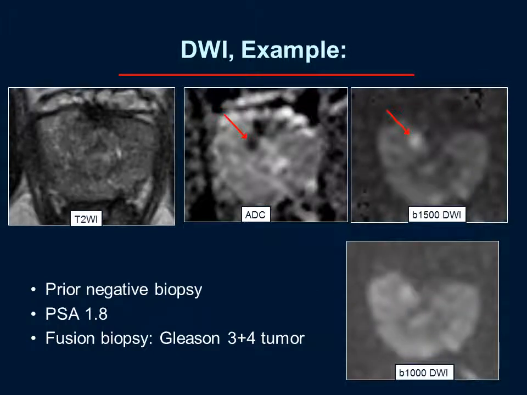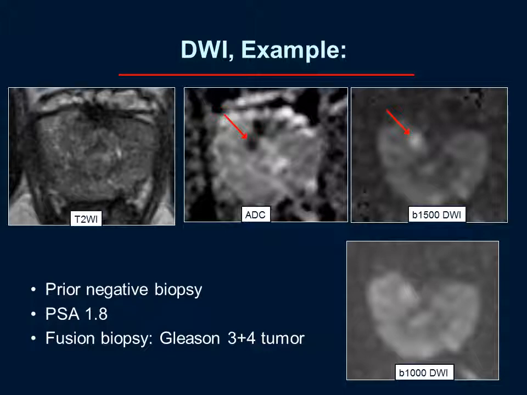So now, just to show several examples of how diffusion-weighted imaging can really help in localizing dominant lesions. This was a patient with a prior negative biopsy. The PSA wasn't even all that high, in this case 1.8. The patient did undergo a prostate MRI. The T2-weighted image shows diffuse decreased signal.